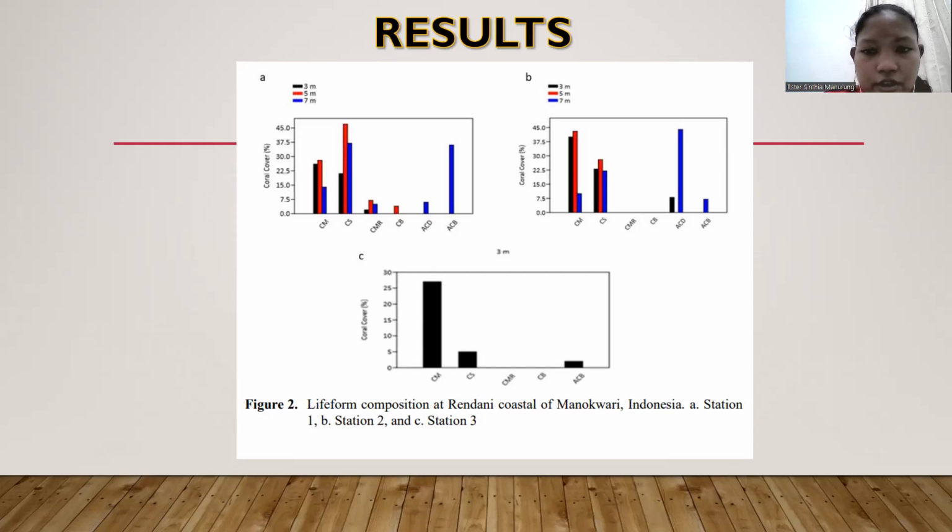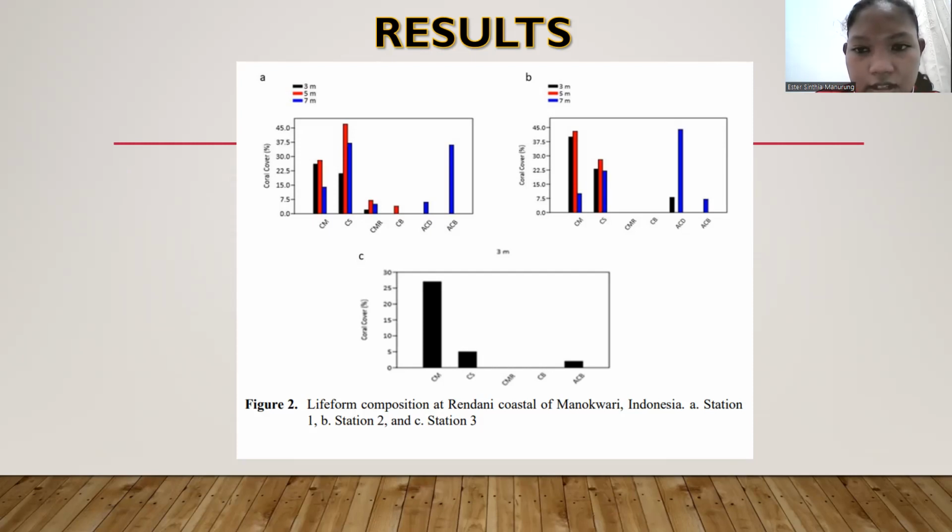There are various compositions of coral life forms in all three locations. Hard corals or non-Acropora dominate the percentage of cover. The highest coral life form diversity was found at Station 1: six types, mostly non-Acropora types: massive, submassive, branching, and mushroom.